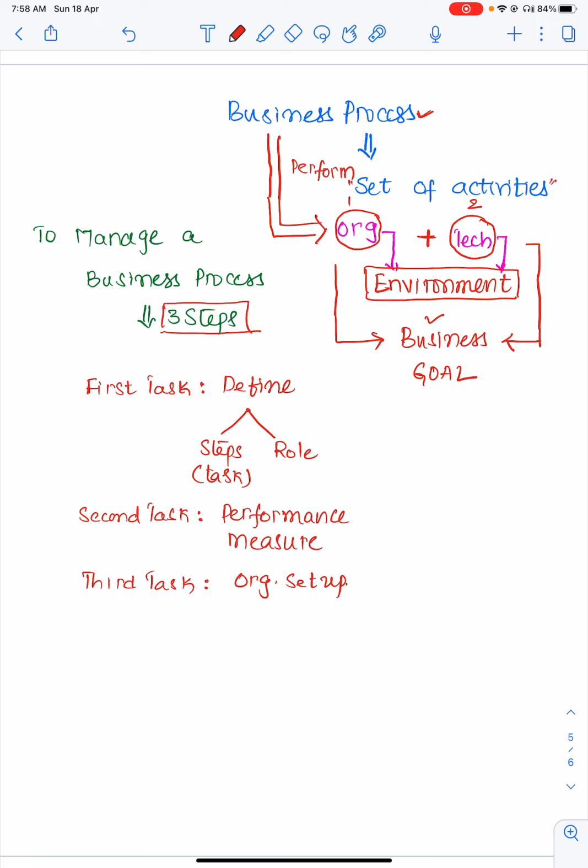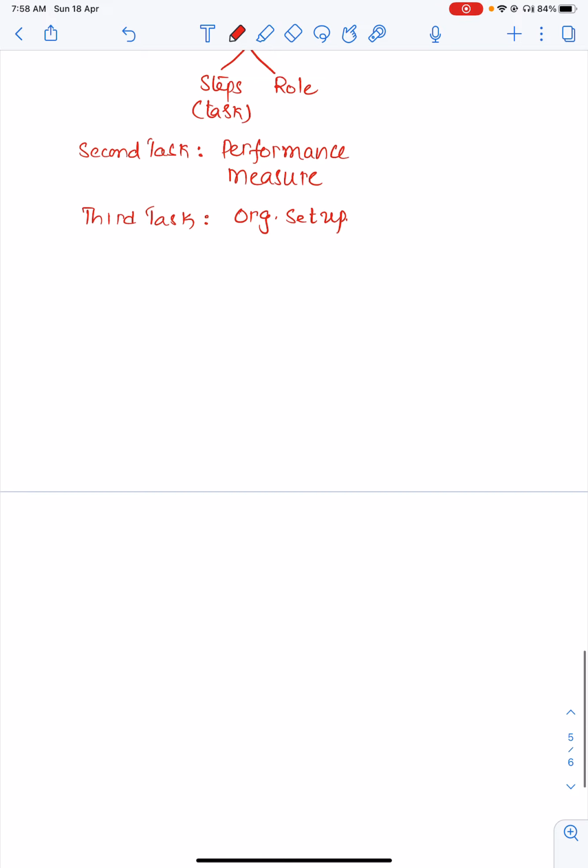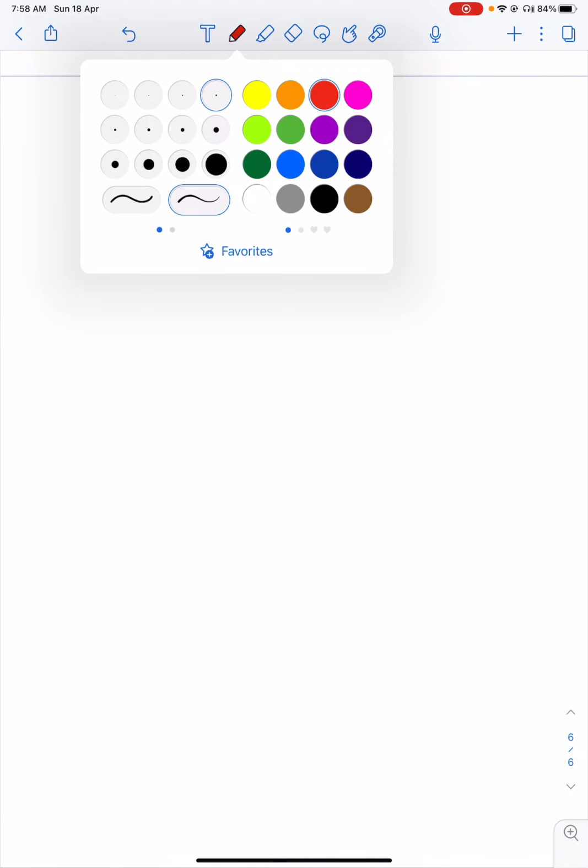First we'll take a small example in order to understand these three steps. Then we'll go to the definition of a business process. Let us take a small, well-known example which we have already studied: supply chain management. We already studied it in information systems.